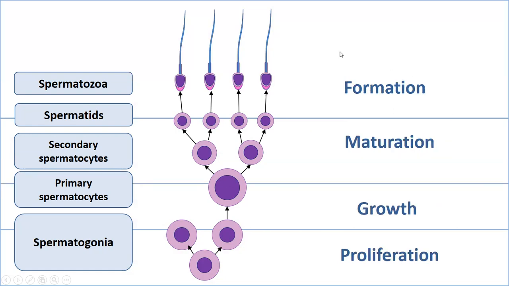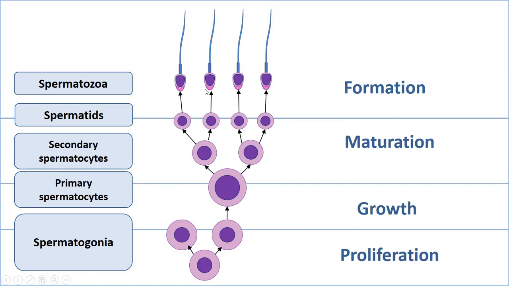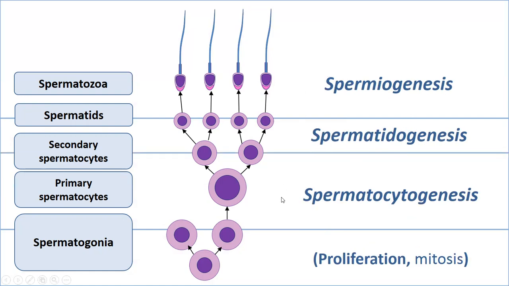And the last stage is formation, or spermiogenesis, formation of spermatozoa. So it's another classification which includes 4 stages of spermatogenesis. This classification is accepted in Ukrainian textbooks, and the other is accepted in different Western textbooks, in English mainly. So different classifications, but they correspond to each other.